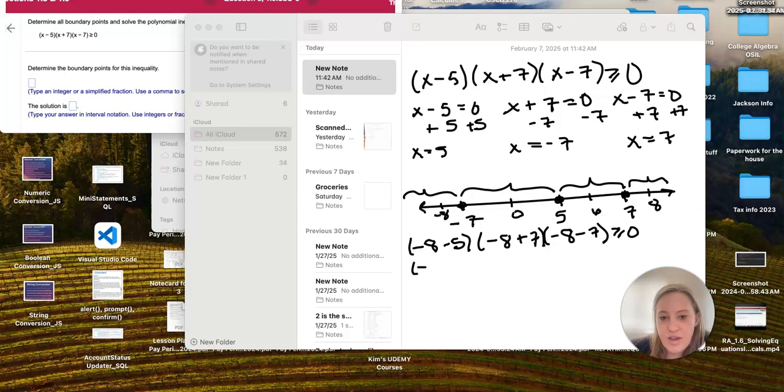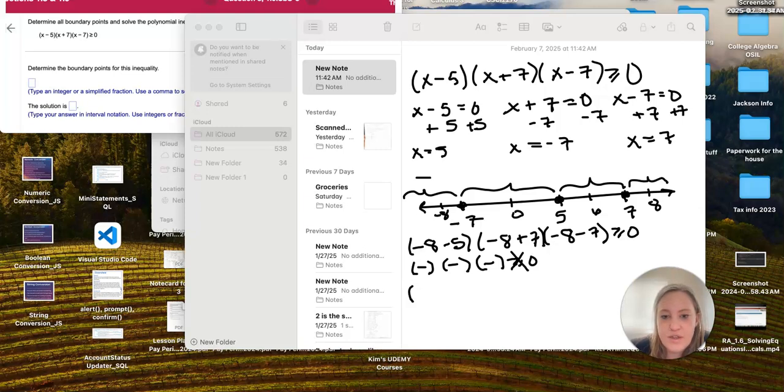So in this case we have a negative in the first section. Second section we have a negative. Third section we have a negative. So we have 3 negatives, which if it were 2 it'd turn positive, right? But we have 3 negatives, so this whole interval is going to be negative, which means that it is not going to be part of our solution. It is not greater than or equal to 0. It would be less than or equal to 0, right?